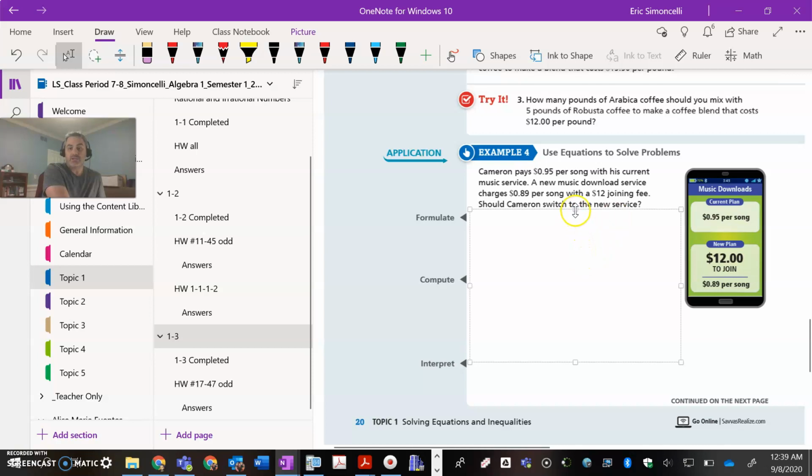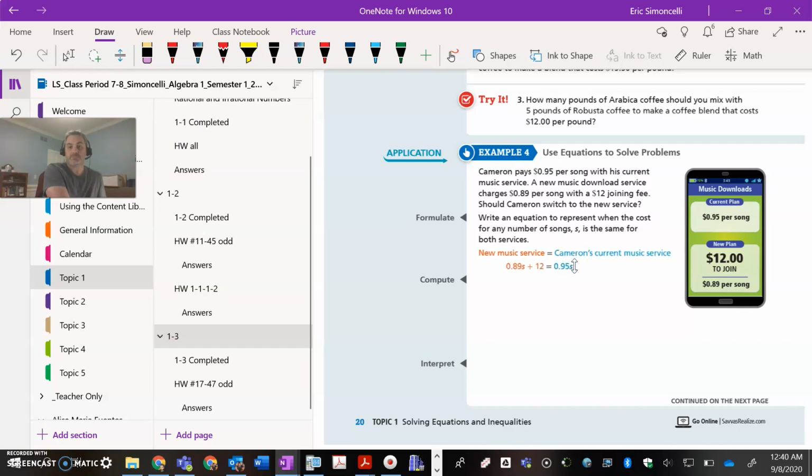I do like how they've presented things. Write an equation to represent when the cost for any number of songs S is the same for both services. So the new music service is equal to Cameron's current music service. When are they going to be equal? Let's see.